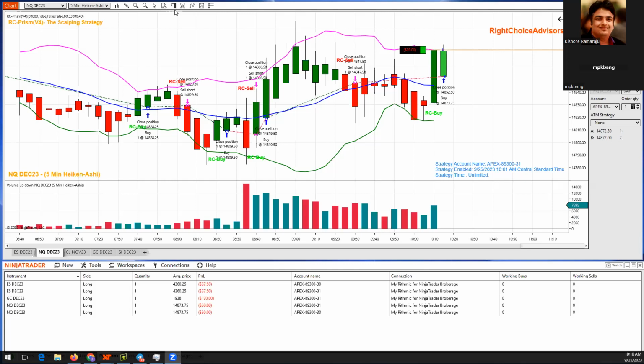Because it touched the upper band, right now you can just take the profits because it might reverse. Or you take out 80% and keep 20%, so that you are just playing with your profits, not risking your capital.